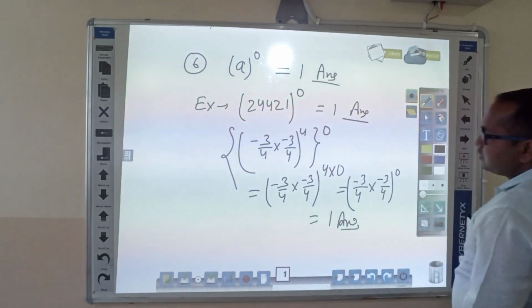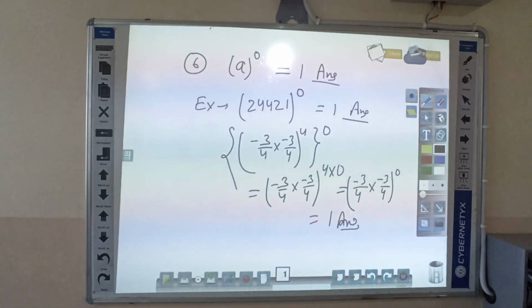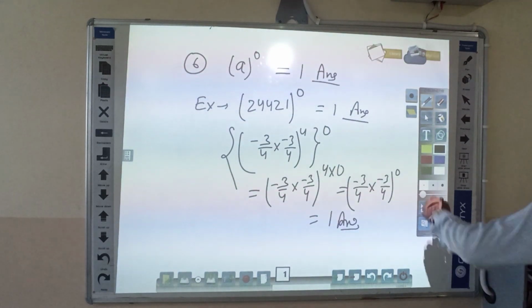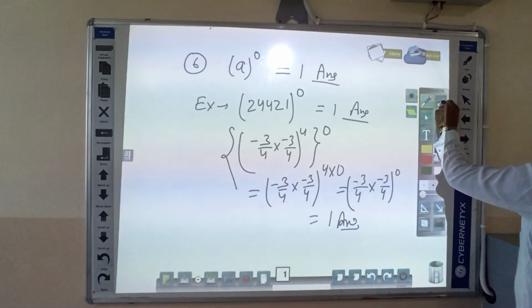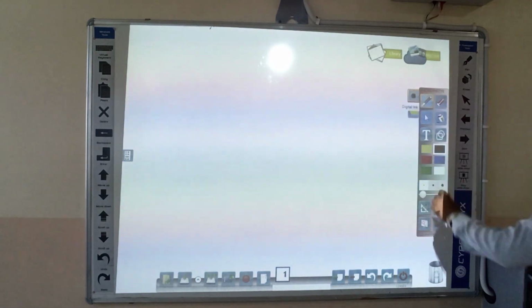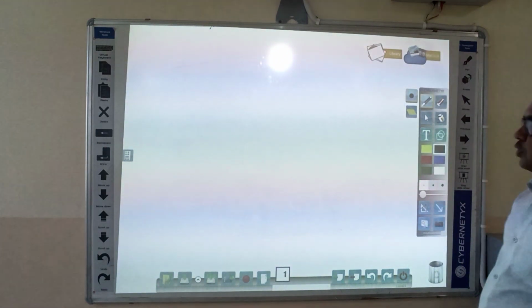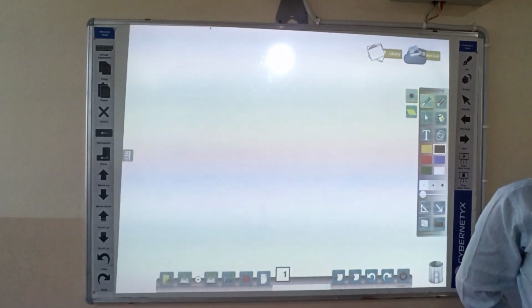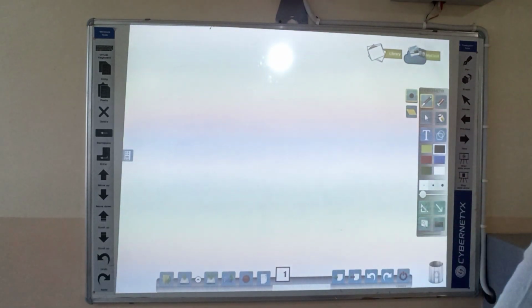So our answer is 1 in this question. Write it in your copy. So few questions related to these 6 laws. These 6 laws are very important to solve any type of real number questions.